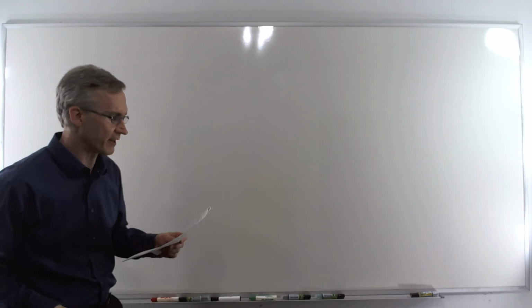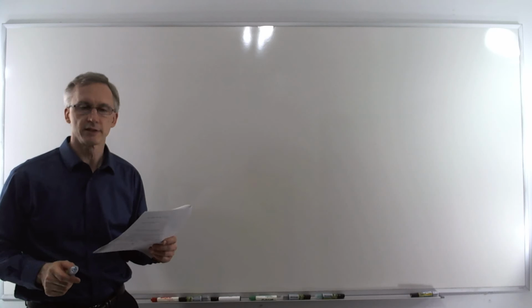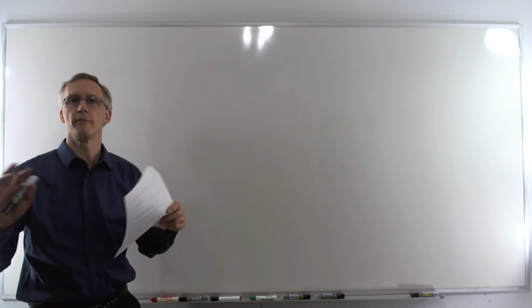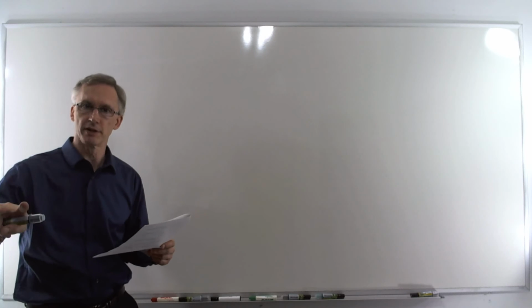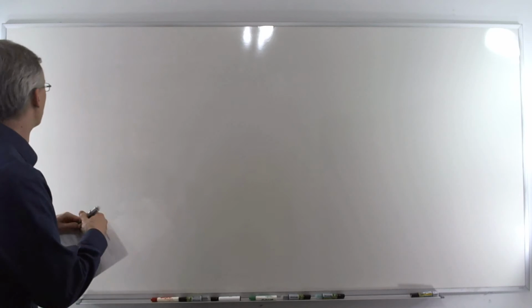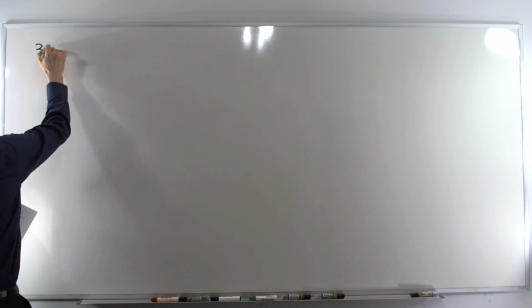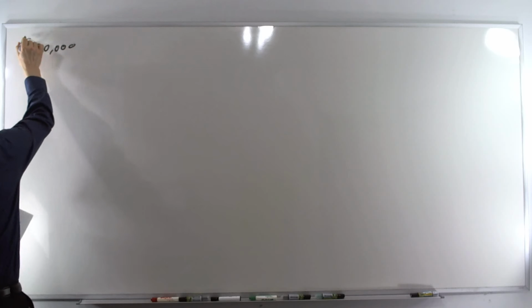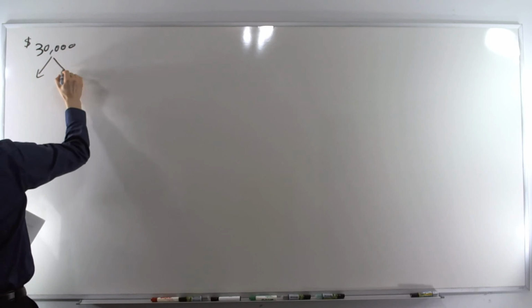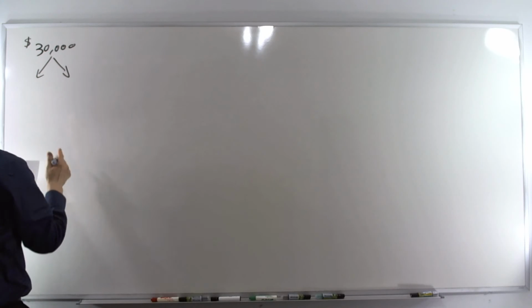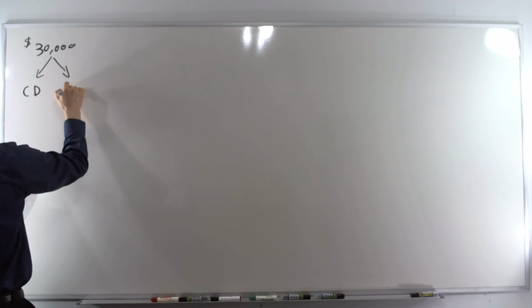So in the example, we've got an investor putting $30,000 to work. That's the total amount invested. And it's going to be split up into 2 accounts, a CD and an annuity.